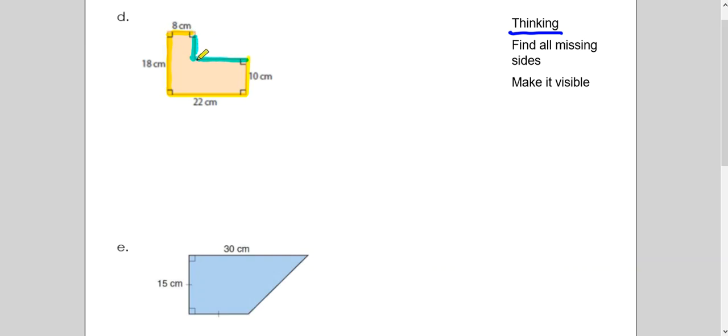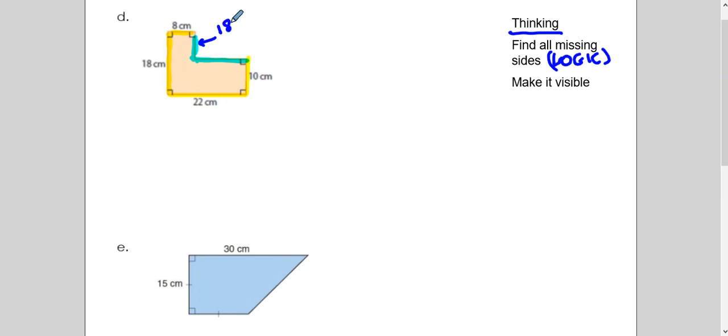If I look at this, I don't know those two sides, but I can use some logic to figure that out. That side right there, well, we know 18 is used there, and 10 of it is on this side.